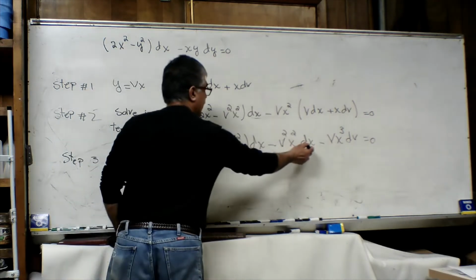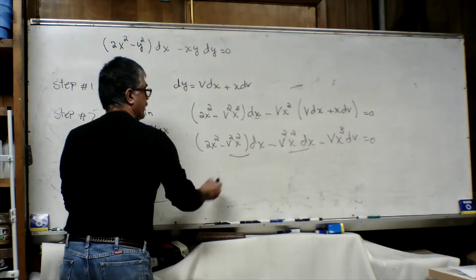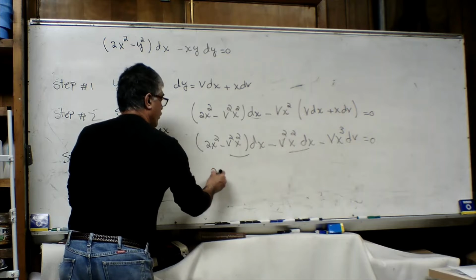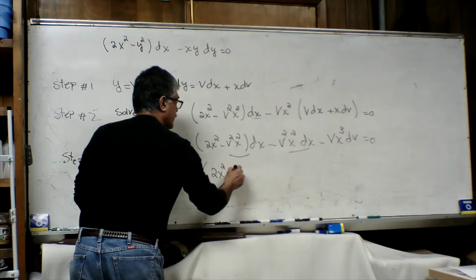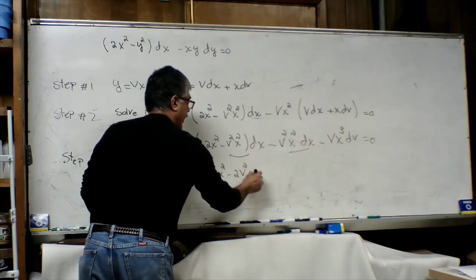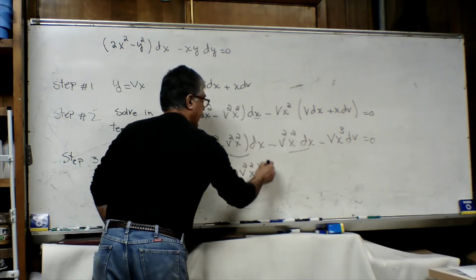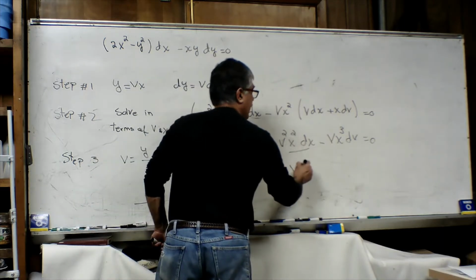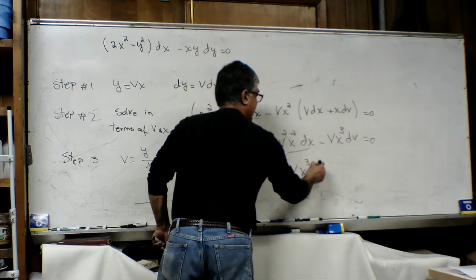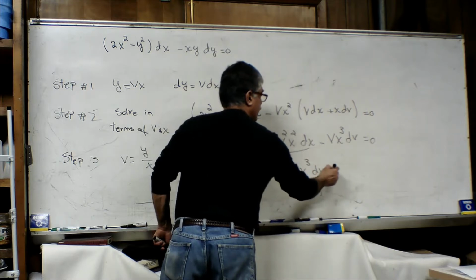Now we can add these two terms together, so we are going to have 2x squared minus 2v squared x squared dx minus v x cubed dv is equal to 0.